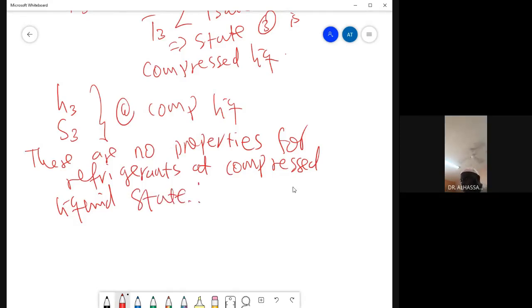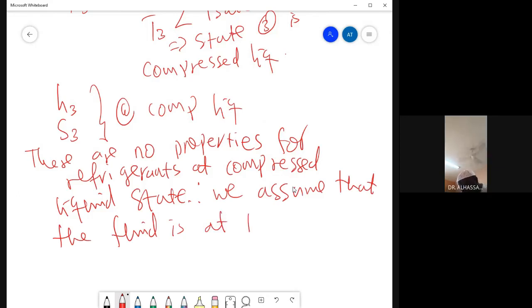So therefore, we assume that the fluid is at the saturated liquid state.